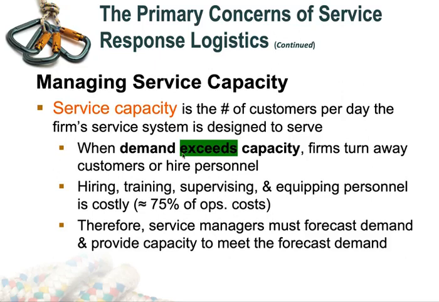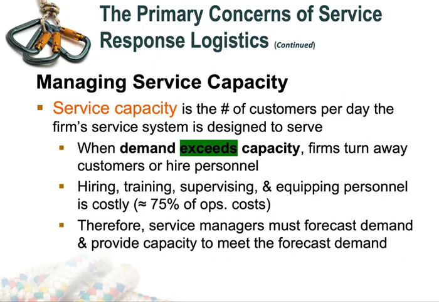Of course, the firm may turn away customers or hire personnel. So we have to know when it happens, when the demand exceeds the capacity.